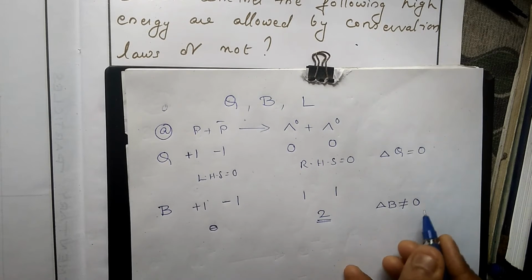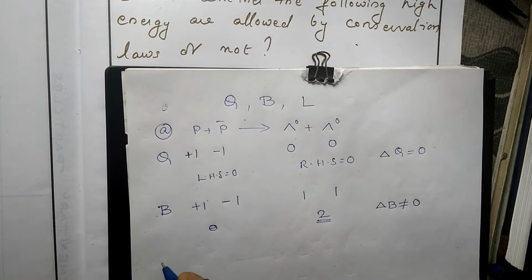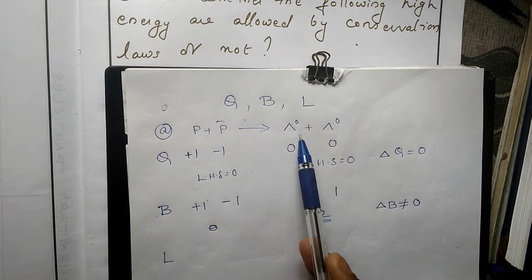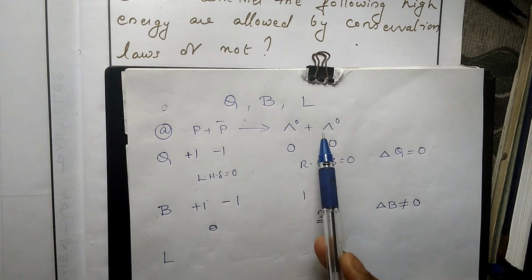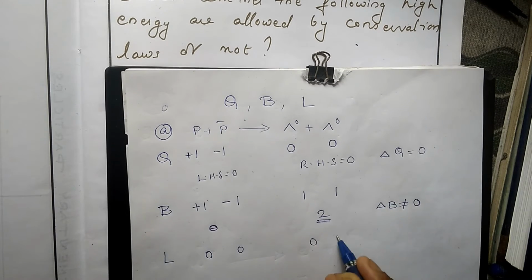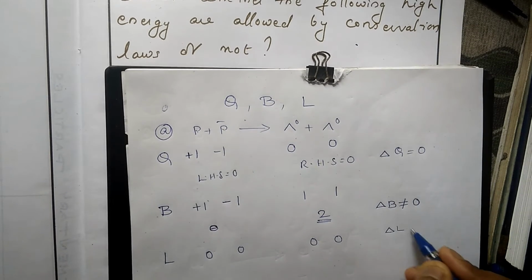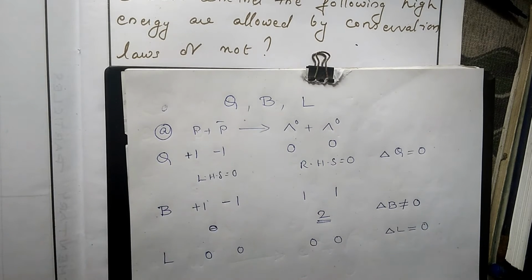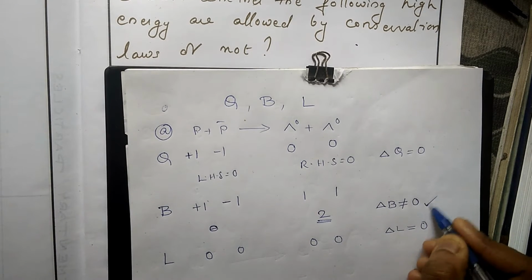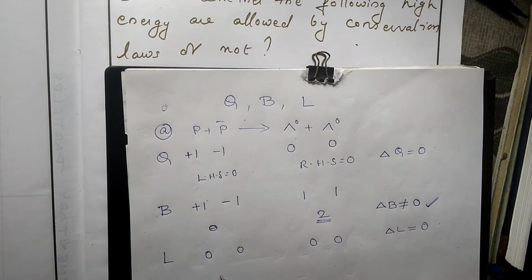Then we will calculate lepton number. For proton, P bar, and lambda 0, lepton number is 0. That means delta L is equal to 0. Since baryon number is not conserved here, this is not allowed.